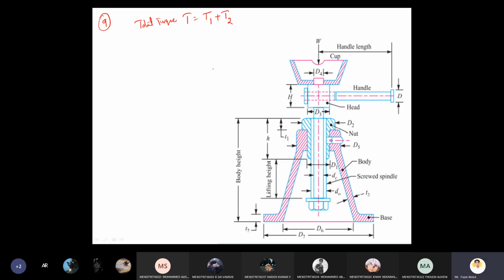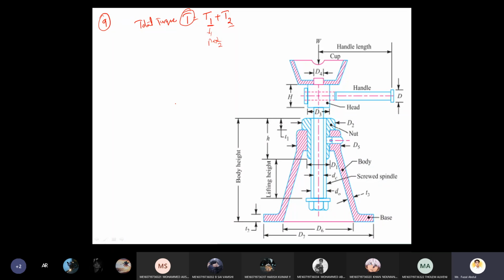T1 we calculated at the beginning, that is P into D by 2. T1 is due to lifting the load. T2 we write to overcome the friction, right? That gives the total torque.